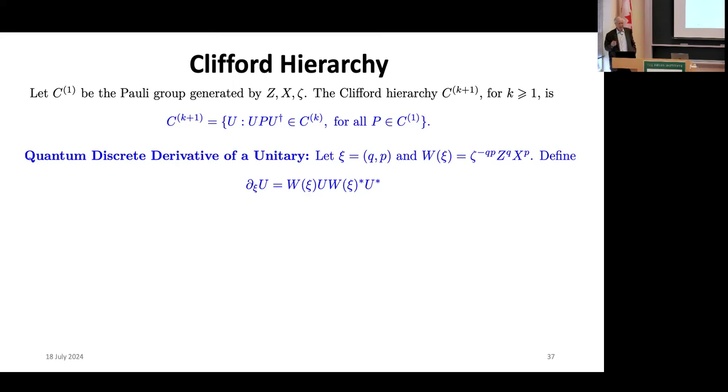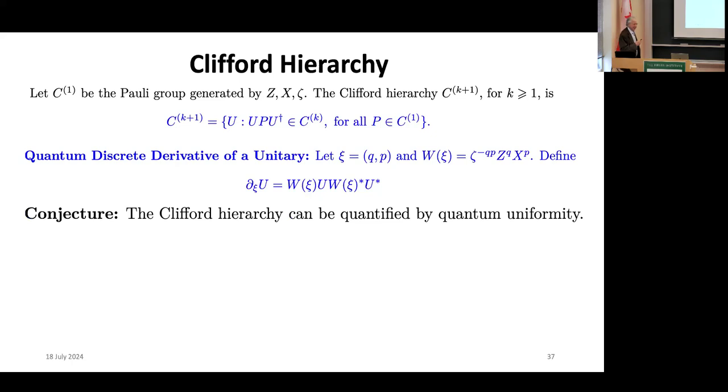Here we have a translation in phase space, where we think of Z and X as generating a quantum phase space, and then take the inverse. So we're taking some discrete derivative in the exponent. If you take U to be the exponential classically of a polynomial of degree k, this derivative would be the exponential of a polynomial of degree k minus 1. So we can use this Pauli operator to define a discrete derivative in the quantum theory.